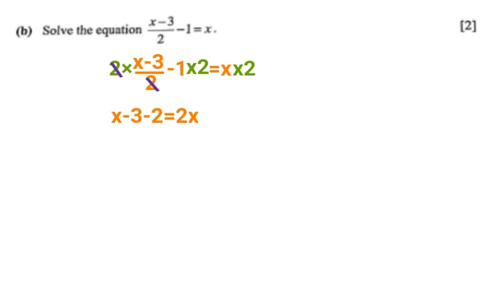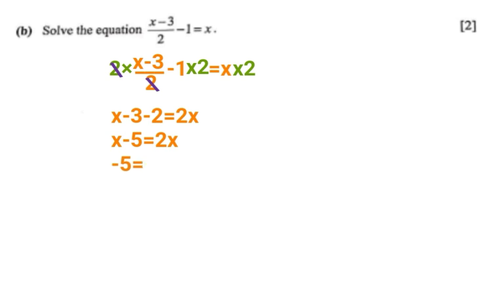Then the next thing I'm going to do is write x, then -3 minus 2 will give me -5, which will be equal to 2x. Now the next thing I'm going to do is put like terms together. That means I'm going to put 2x and x on one side of the equal sign, which leaves -5 alone.